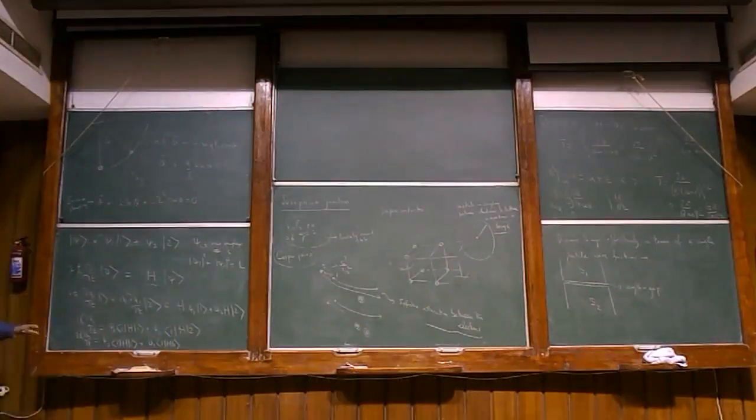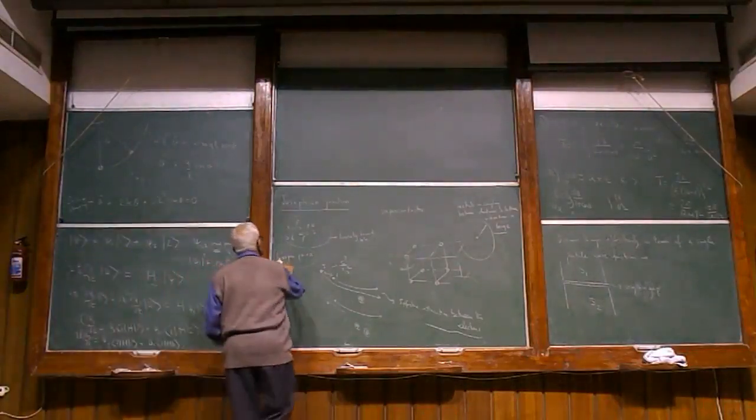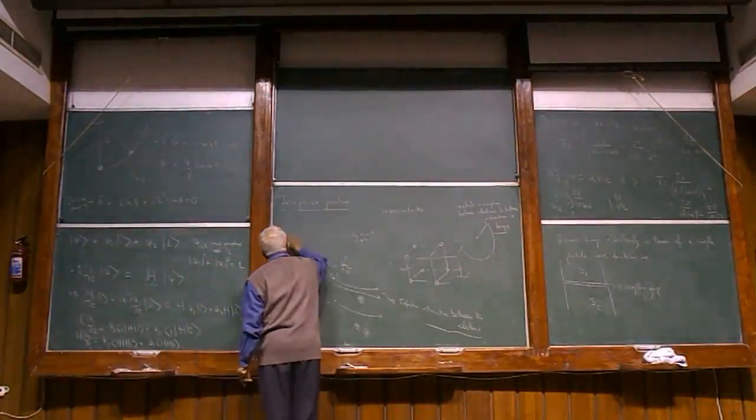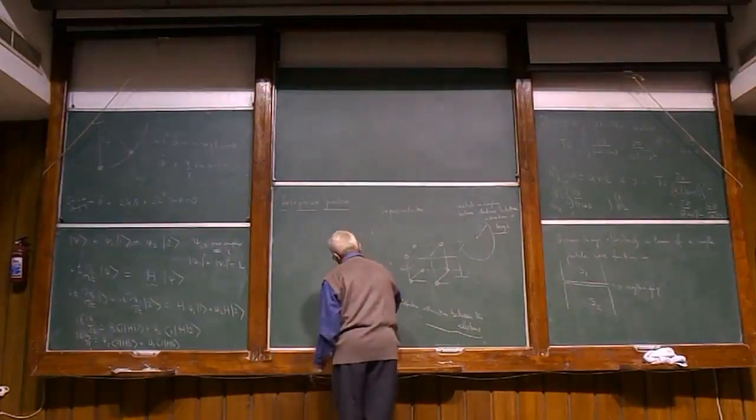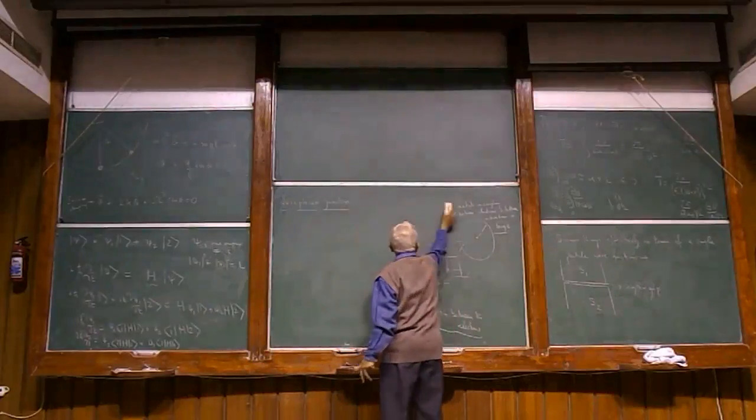So that's the pure two-state system dynamics. We are not saying anything new at all. This is exactly what you will find in the relevant part of Feynman Volume 3.